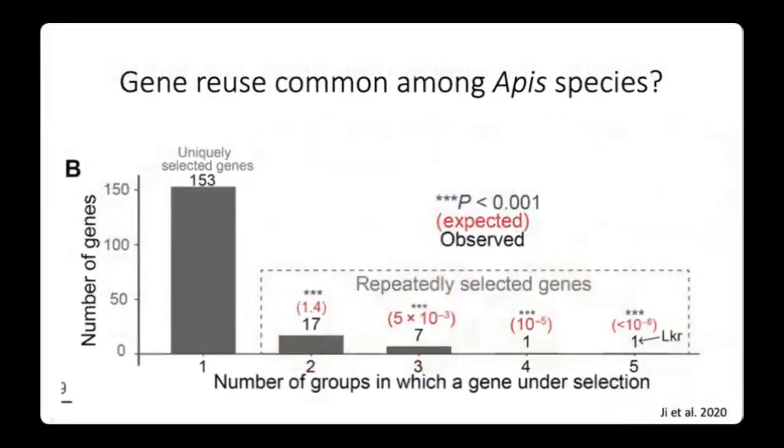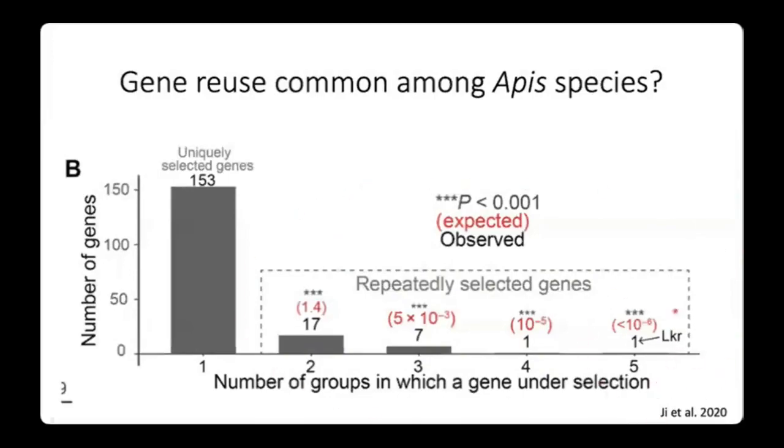But the result of genomic hotspots or repeated selection among genes has also been noted among Apis cerana. So this really nice study by G et al. measured signatures of selection among distinct Apis cerana lineages in China. And though they note that selection among genes was skewed towards lineage-specific genes, there are a few genes that were repeatedly under selection in more than one lineage.